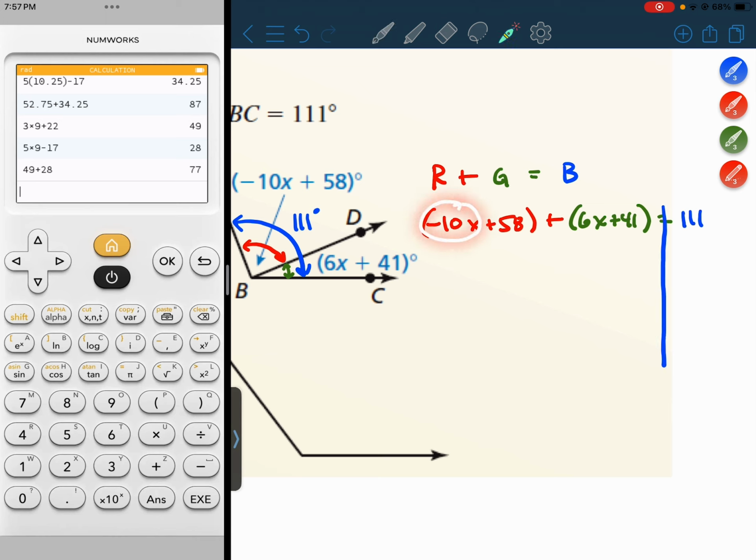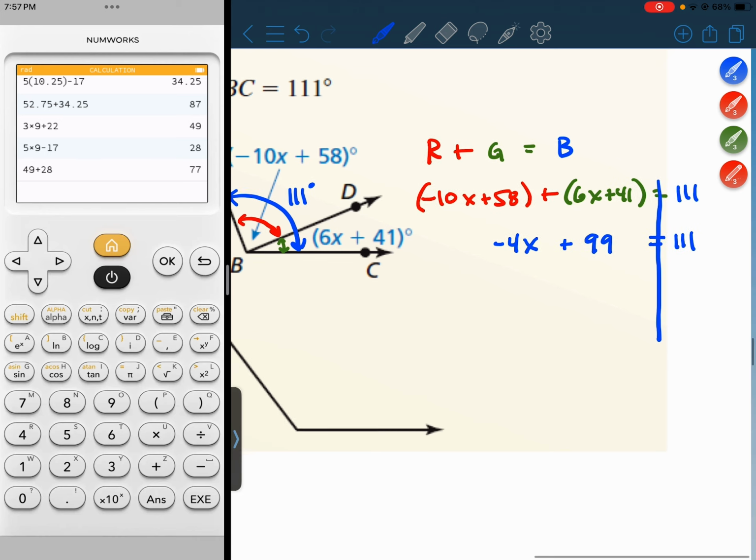Negative 10x and 6x, that's going to be negative 4x when combined. 58 and 41 is going to be 99 when combined. It equals 111.